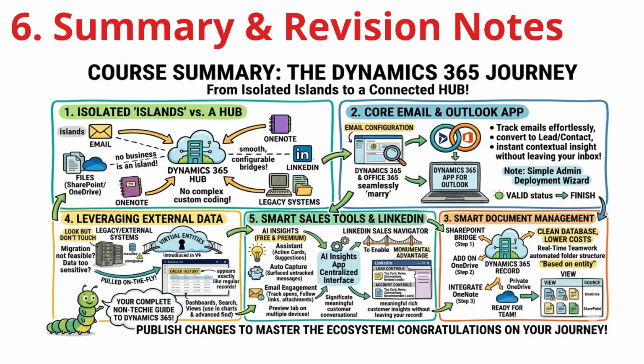We mastered the core by seamlessly marrying Dynamics with Office 365, enabling intelligent email synchronization. The Outlook app then surfaces this data directly in your inbox, allowing you to track emails and convert leads without switching screens. For document management, we integrated SharePoint, OneDrive, and OneNote to enable real-time teamwork while keeping costs down.